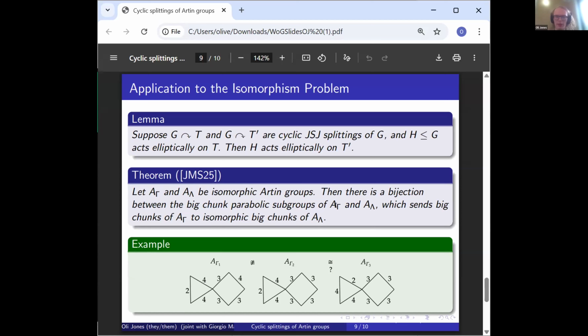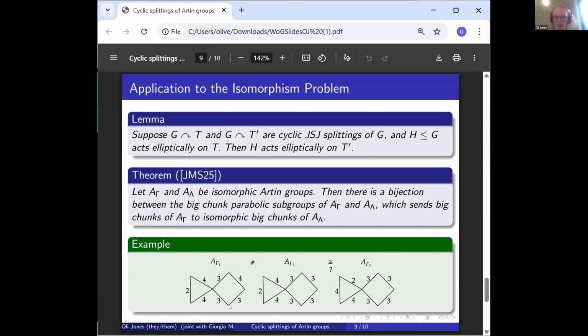The isomorphism might not send the big chunks to the big chunks. That's a bit too much to hope for, but it will be true up to conjugacy. But if you take the multi-set of isomorphism types on the left and on the right, you know that they match up exactly. So that's the statement. And now I promised that this would help us distinguish some more Artin groups.